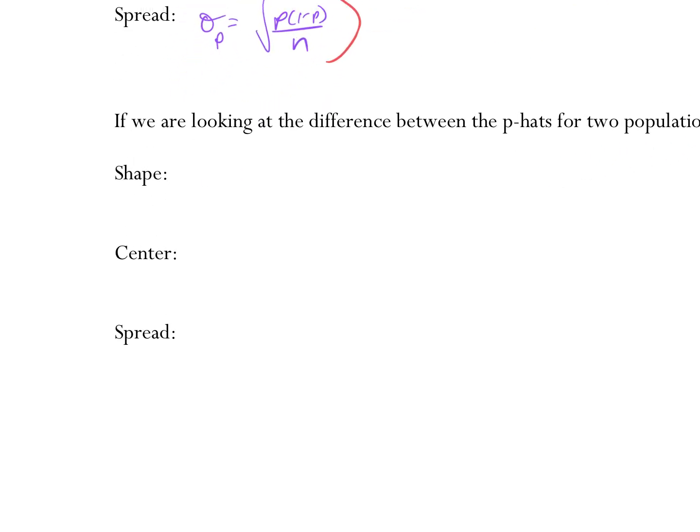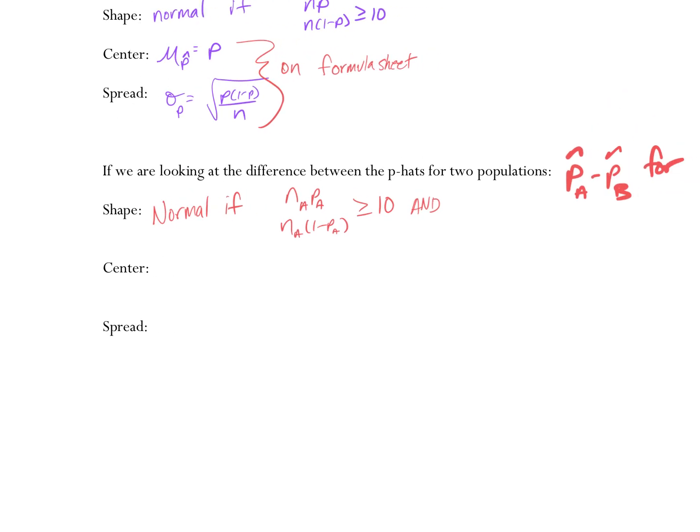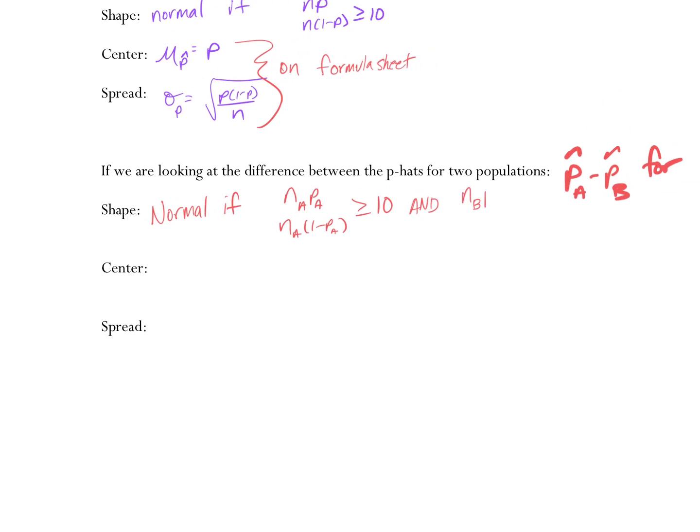For the shape, this one will be normal if nA pA and nA(1 minus pA) and so on for B, and so essentially you're checking both. And the mean of those differences will be the difference between our two population values.